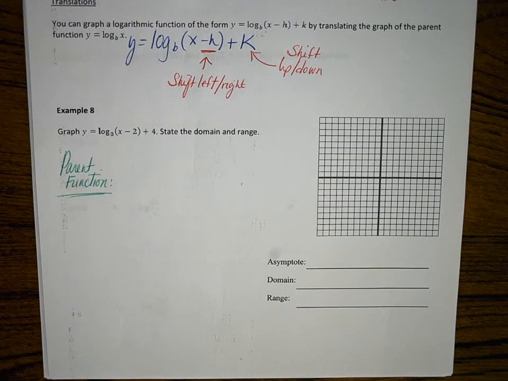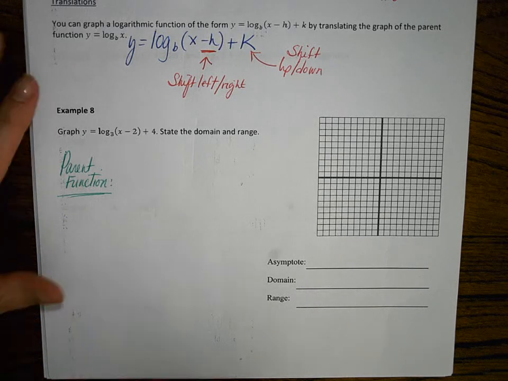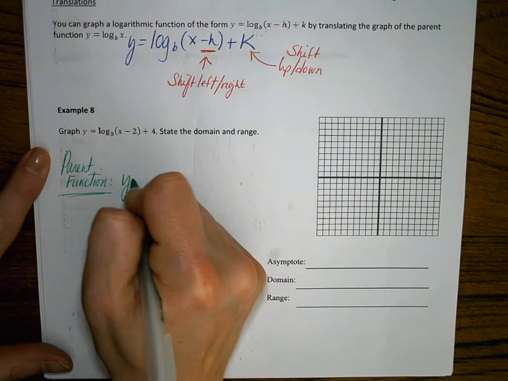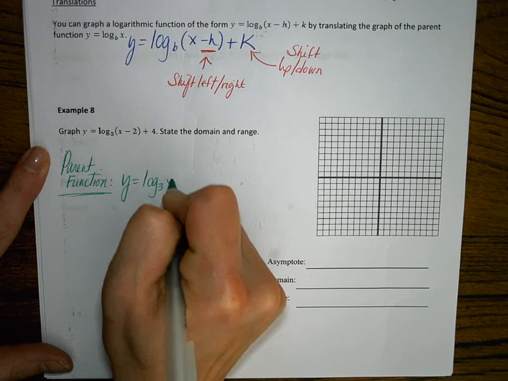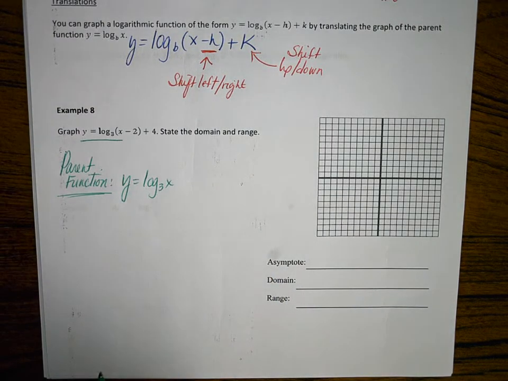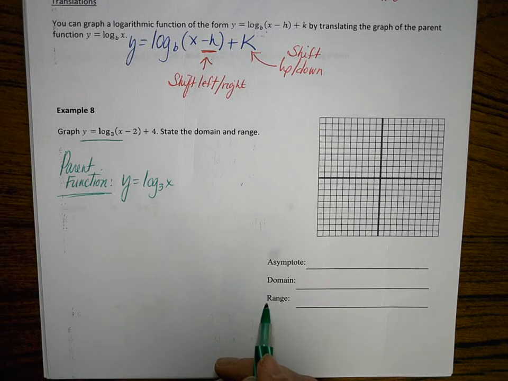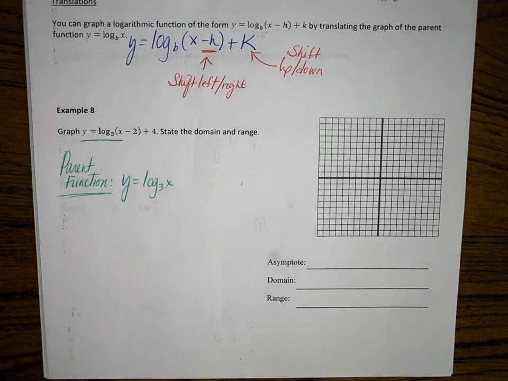And you've got to put these on the graph. Brendan, what's my parent function? Y is equal to log base 3 of x. It's always everything through that x. So y is equal to log base 3 of x. Go ahead, make that xy table and graph that parent function.